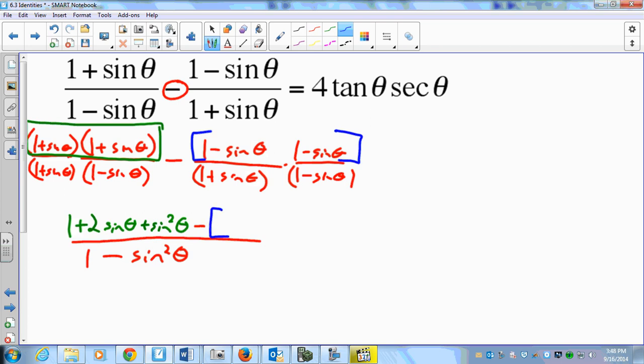So 1 times 1, right? 1 times 1 is 1. 1 times negative sine, so I'm going to get minus 2 sine of theta. Negative times a negative is positive sine squared theta. So that's what I have on that side. So I'm there. From here, I want to continue simplifying.